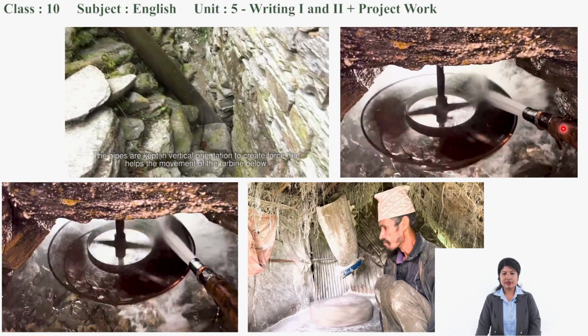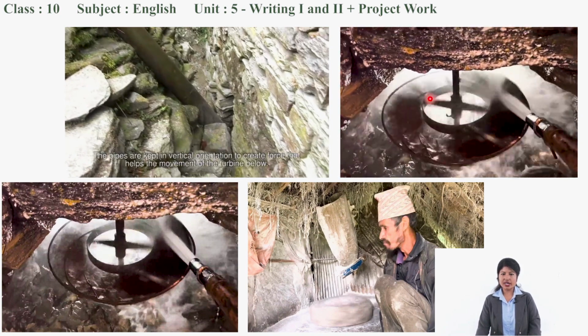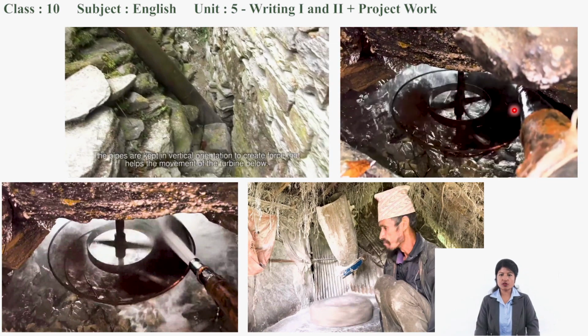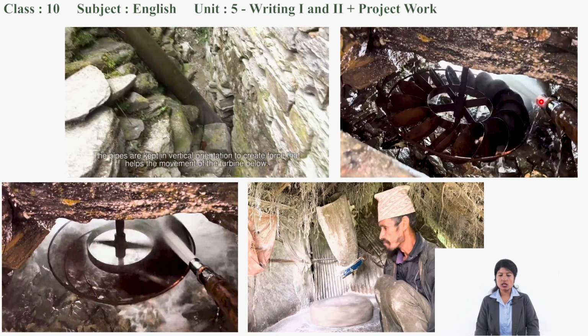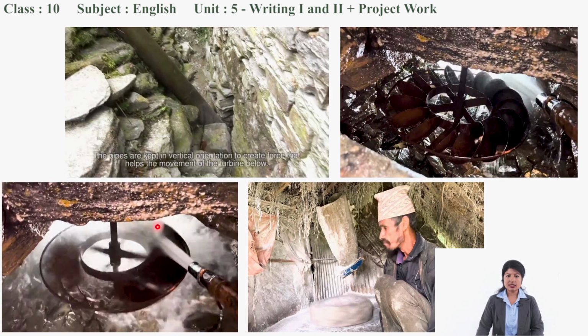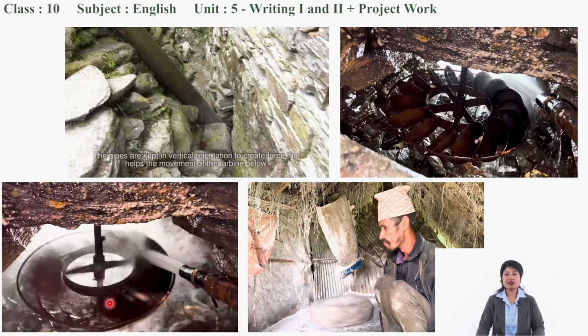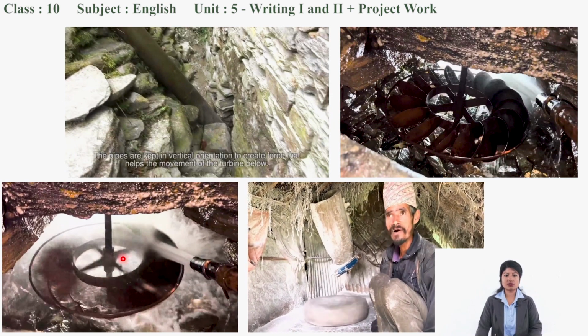And see, the water force is given to run this turbine. Then this turbine goes round with the force of this water. If it is not required, the water force is given to another direction, and it stops like this. If you are to start again, then again the water force is given to this turbine.